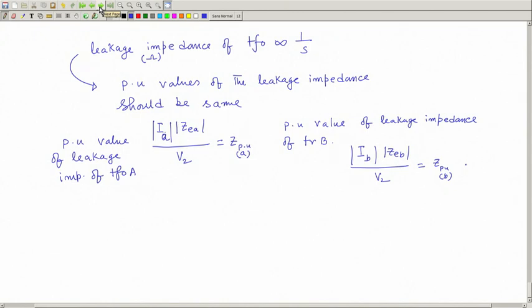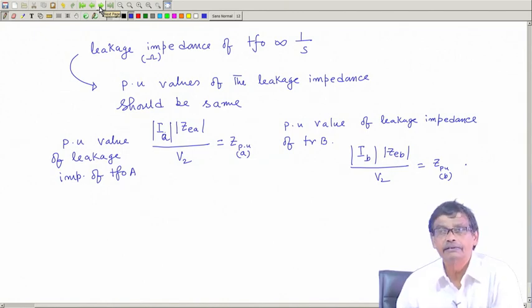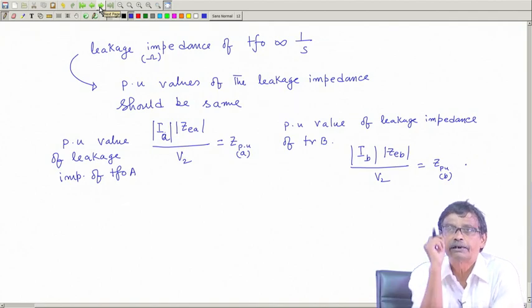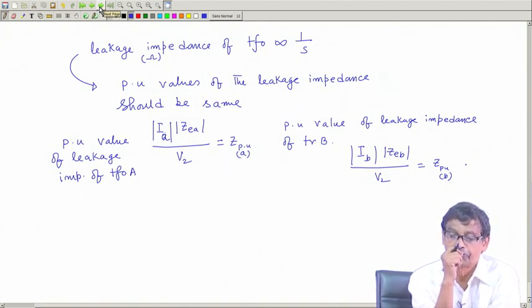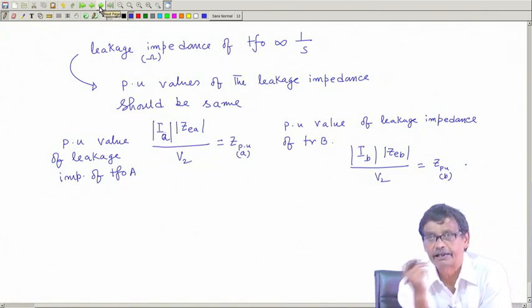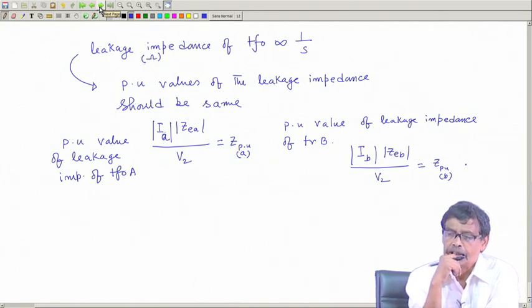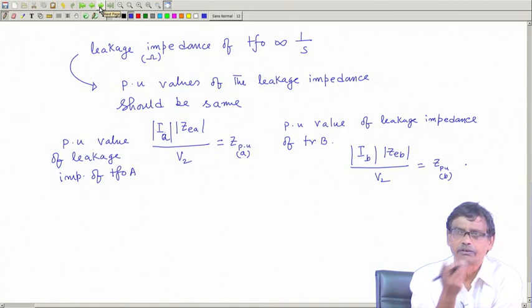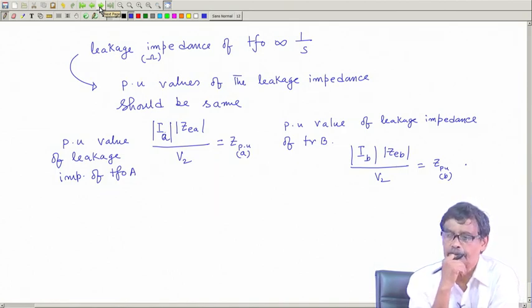And what is the per unit leakage impedance? Physically it means that when rated current flows through the transformer, there will be some voltage drop, the magnitude of that voltage drop expressed as a fraction of the rated voltage of the transformer of that side. And per unit values are the same with respect to secondary or primary for a given transformer.